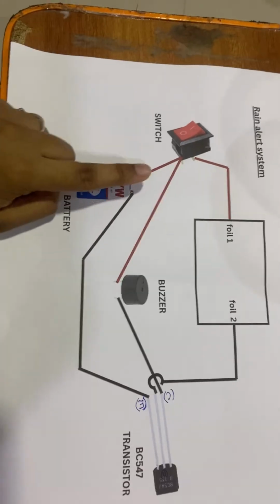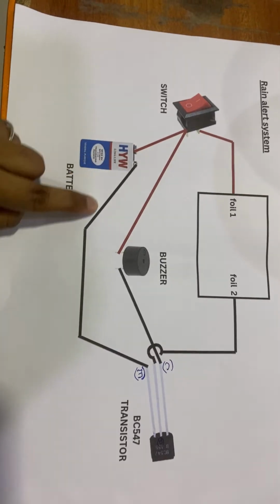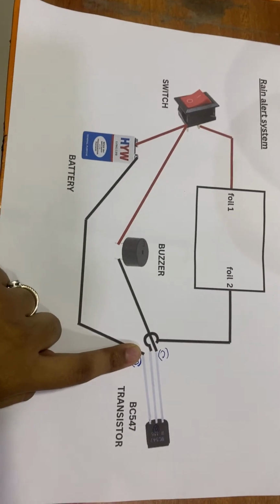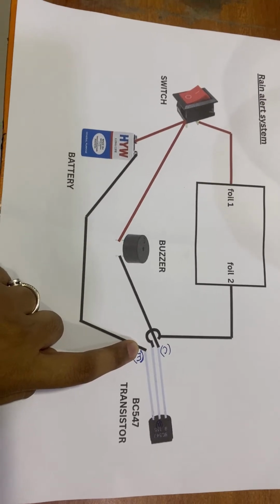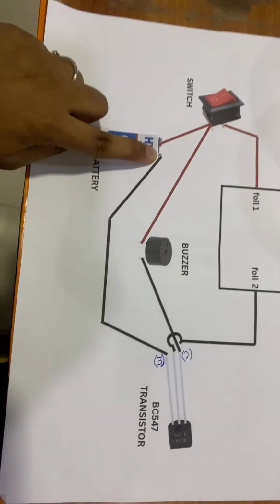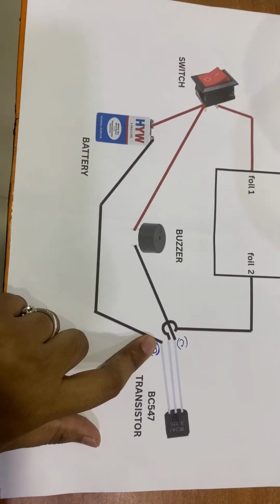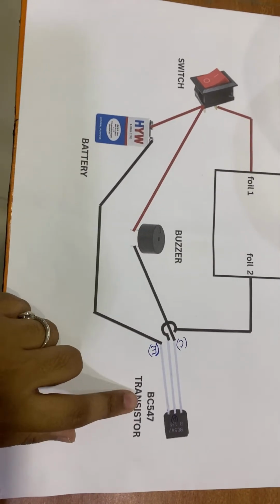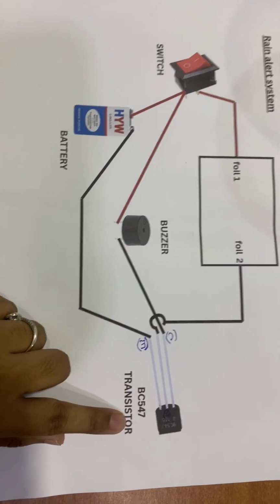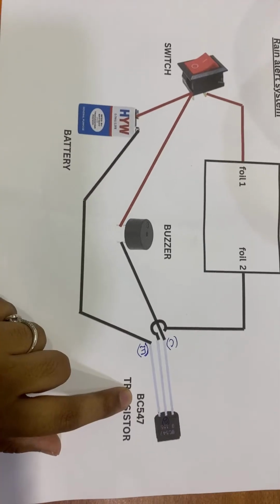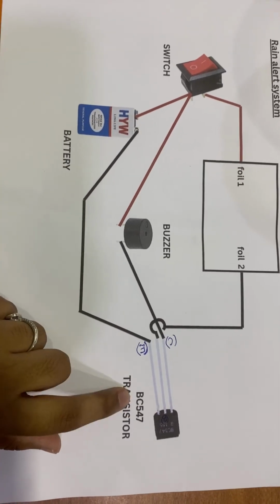So the negative terminal of the battery, we are going to connect it with the emitter of the BC547 transistor. Please be careful and see that you are using only the BC547 transistor.